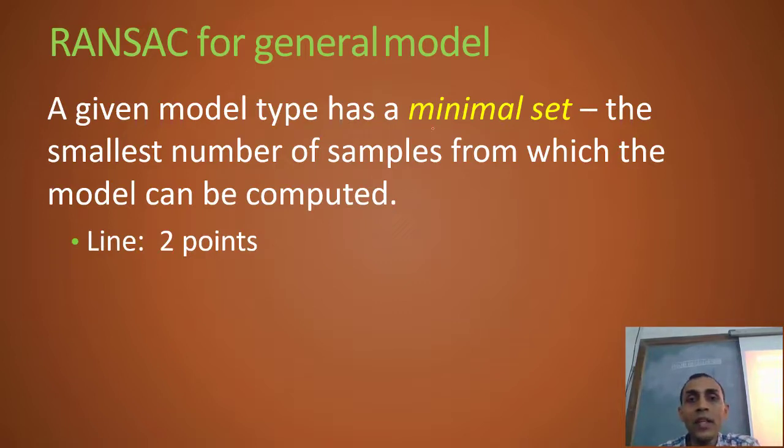So the first thing that the RANSAC model needs, for a given model that we are trying to fit, is the minimal set: how many minimal points we need to pick from our data points. In the case of a line, we need to pick 2 points only.